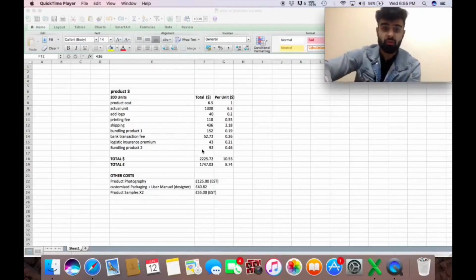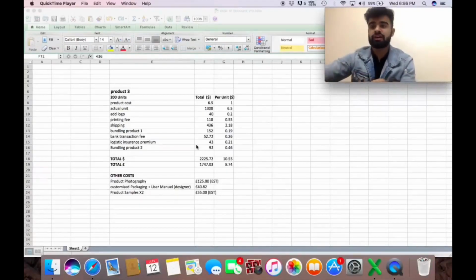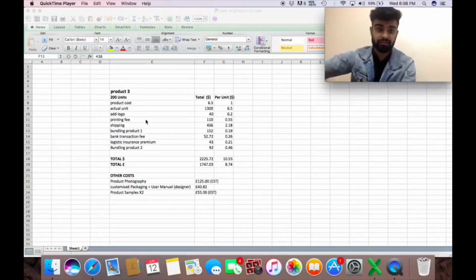But a cost I was unaware of was the logistic insurance premium. So I had initially calculated roughly how much my expenses would be for my total products, including everything. However, I did not actually know you have to pay a logistic insurance premium.